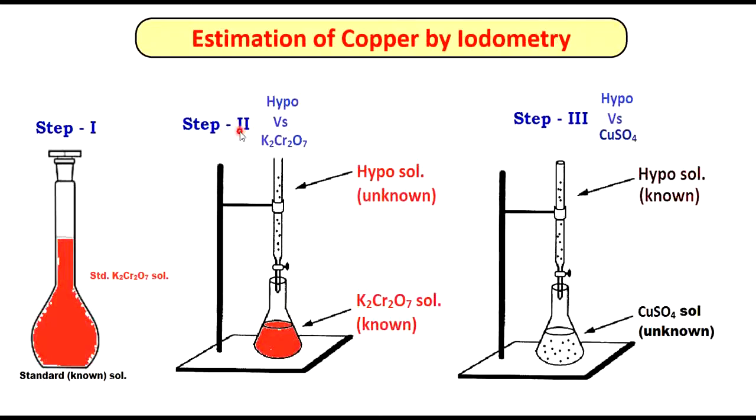At the end of step 2, we determine the concentration of hypo. So hypo becomes a known solution. In step 3, we will titrate the hypo solution with the copper sulfate solution. In this step, hypo solution is the standard solution and copper sulfate solution is the unknown solution.